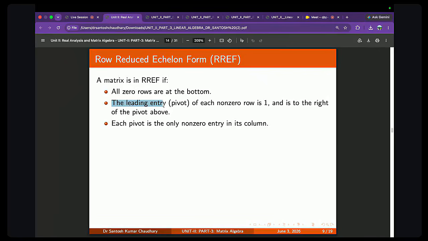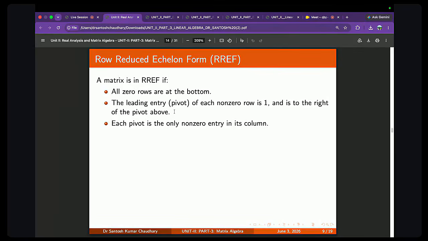The leading entry, that is also called pivot, of each non-zero row is 1. So you have to make the first non-zero entry, that is called the leading entry. The first non-zero entry of any row is the leading entry, and that is also called the pivot. The pivot, leading entry, or first non-zero entry, they are the same. So the leading entry or pivot of each non-zero row is 1 and is to the right of the pivot above.